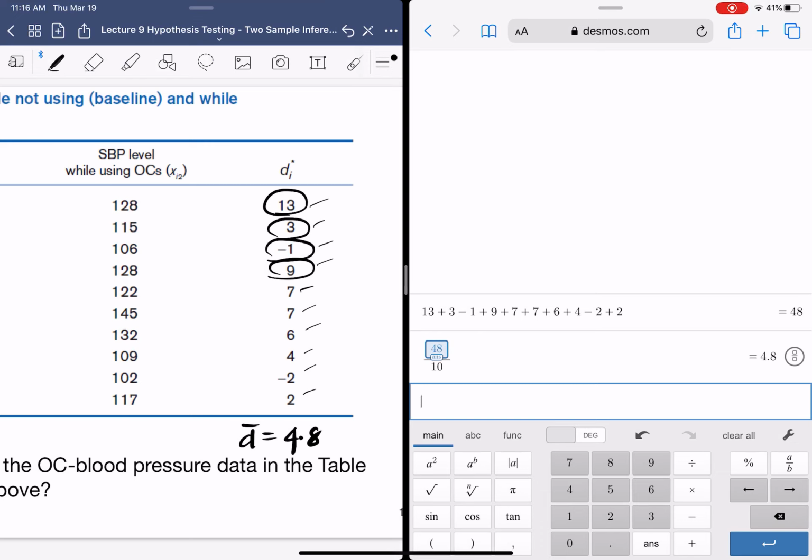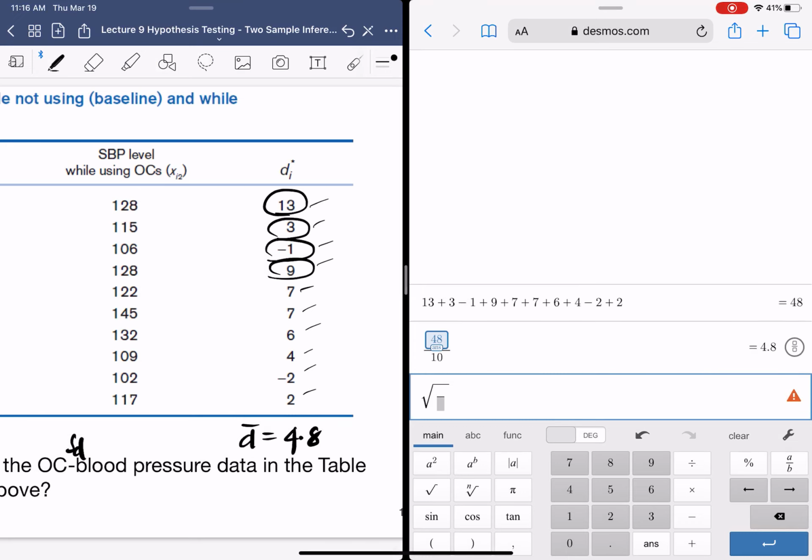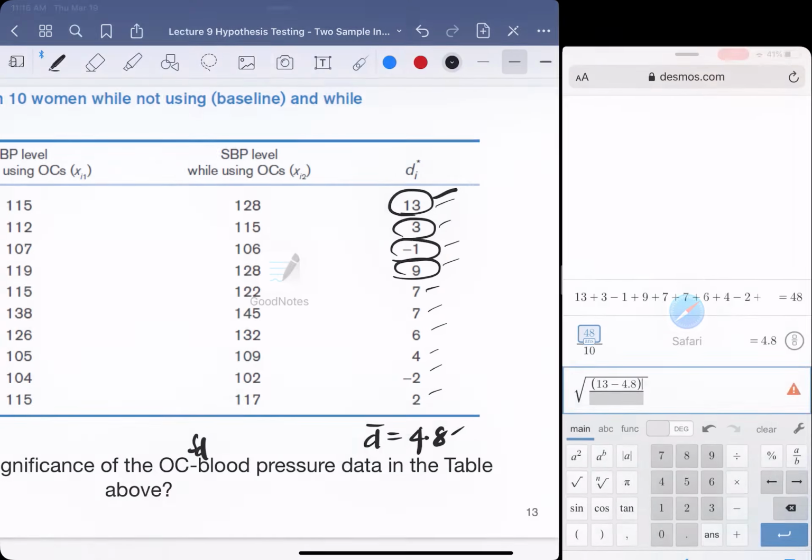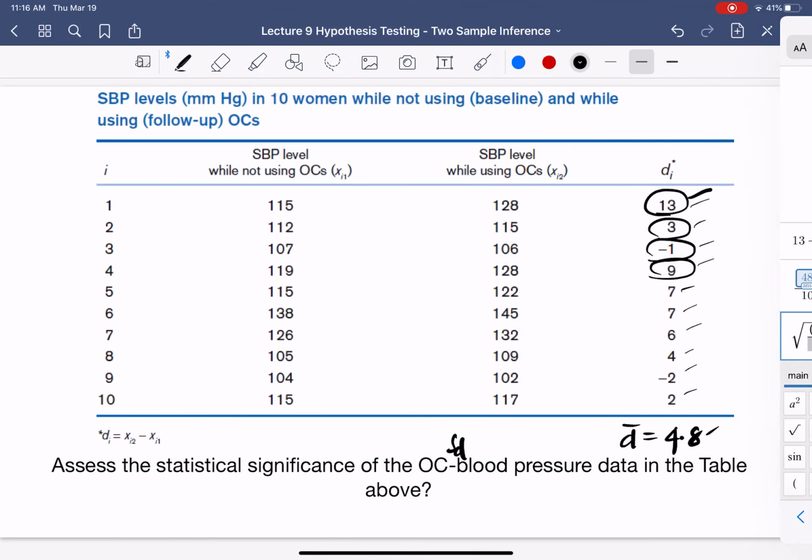Next, once you have the d bar value, we want to calculate SD. So SD is the square root of sigma. We want to calculate the difference between each value and the d bar value. So that becomes 13 minus 4.8. To make it easier, let me make a small table.